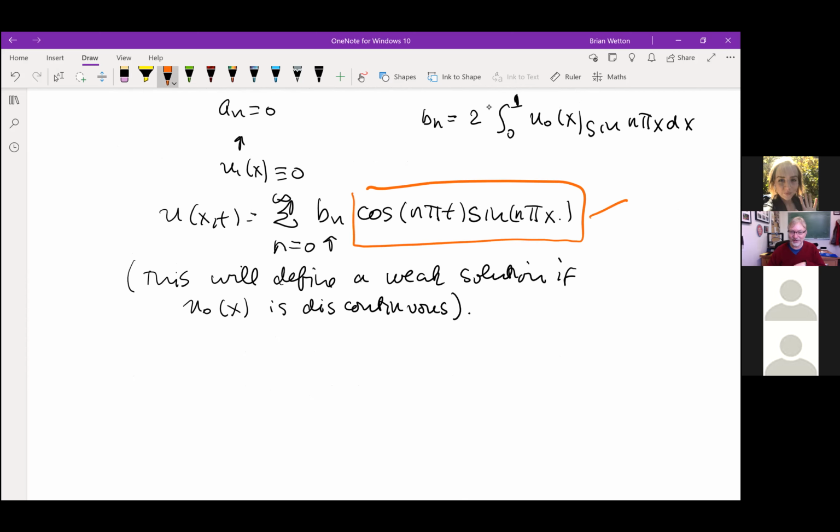It will be cos of n pi x plus t, and then there'll be some trig function of n times pi times x minus t. So trig identity. I don't have it prepared, and I don't have trig identities in my head, except the really trivial ones. Trig identity goes to D'Alembert's formula.